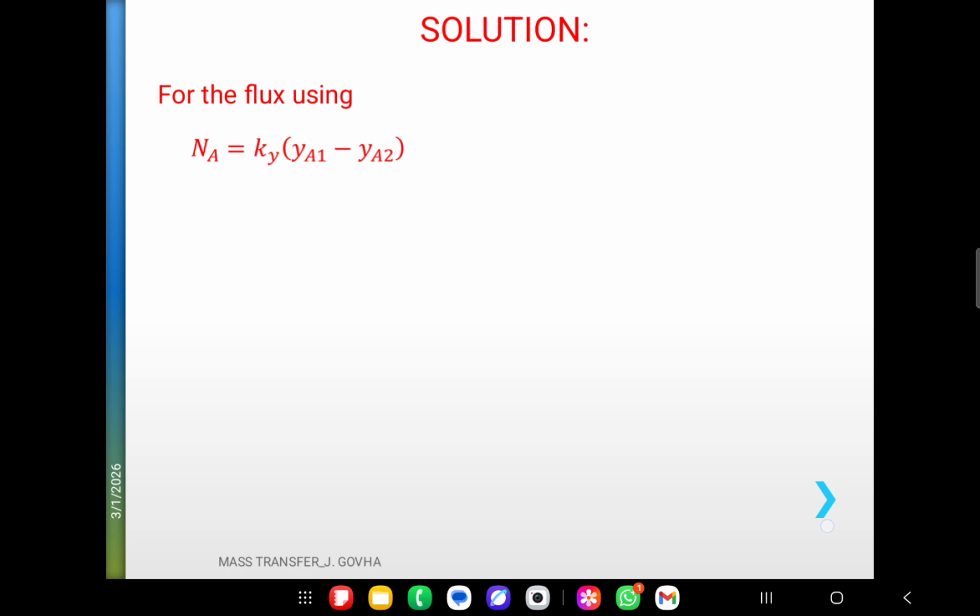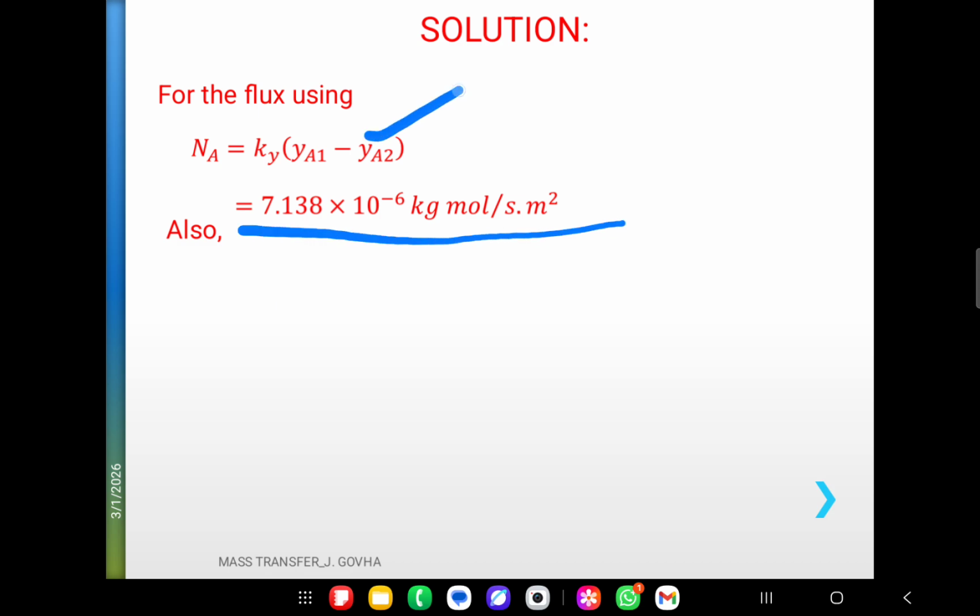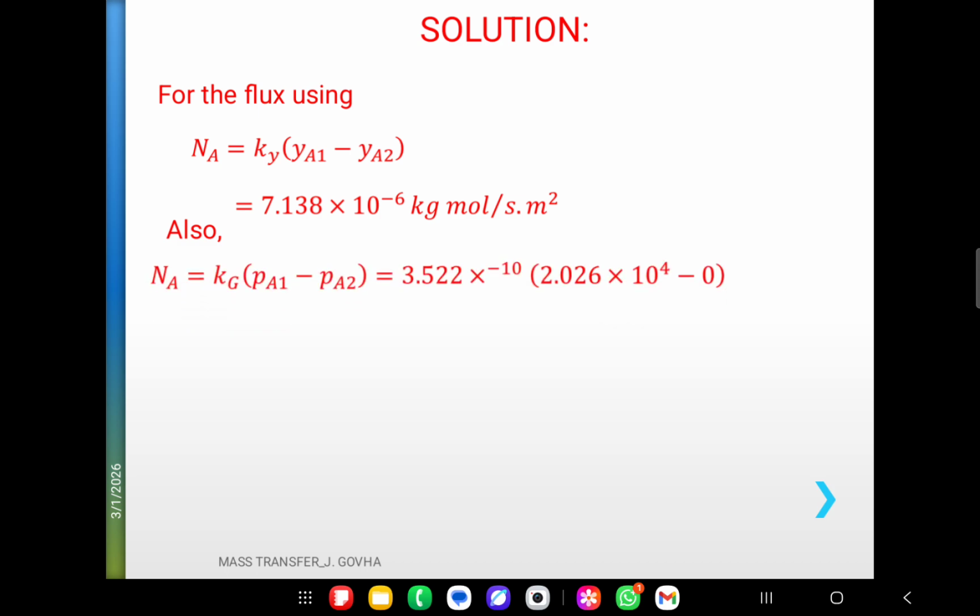So calculating our flux NA there, we substitute for these values and get 7.138 times 10 to the power minus 6. Using Kg times (PA1 minus PA2), we also get 7.138 times 10 to the power minus 6.